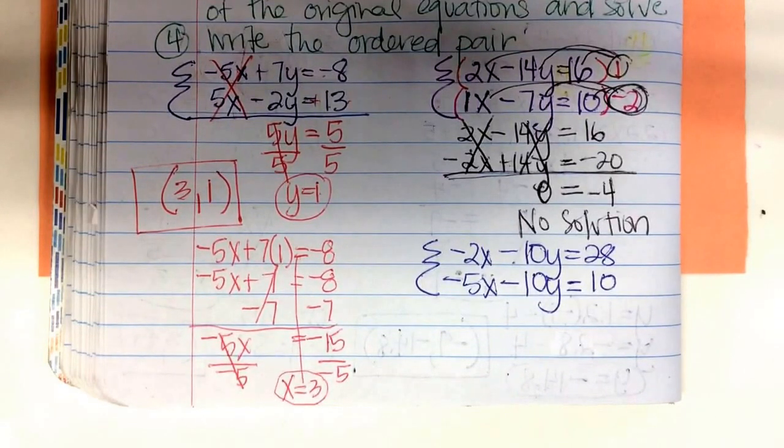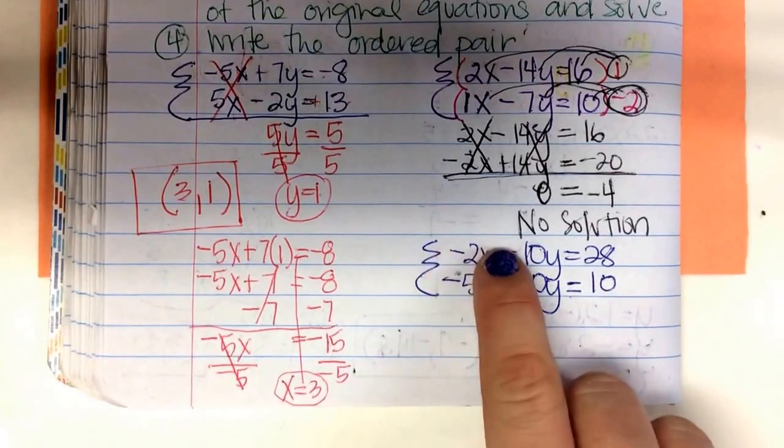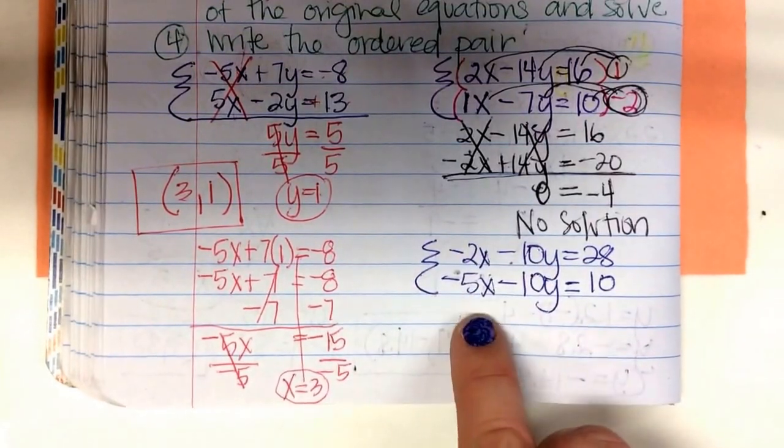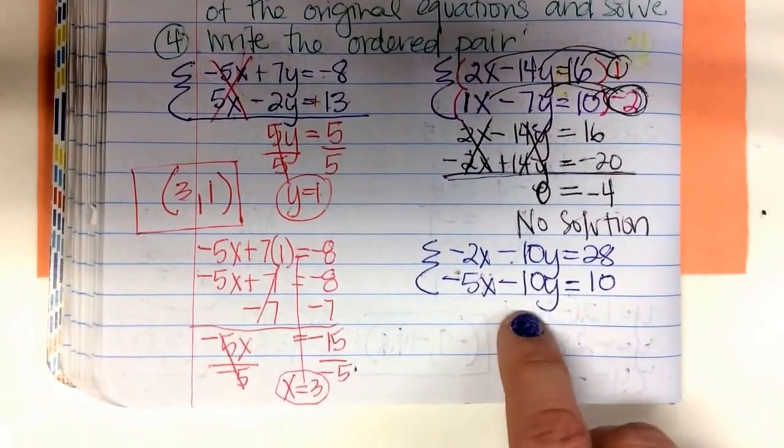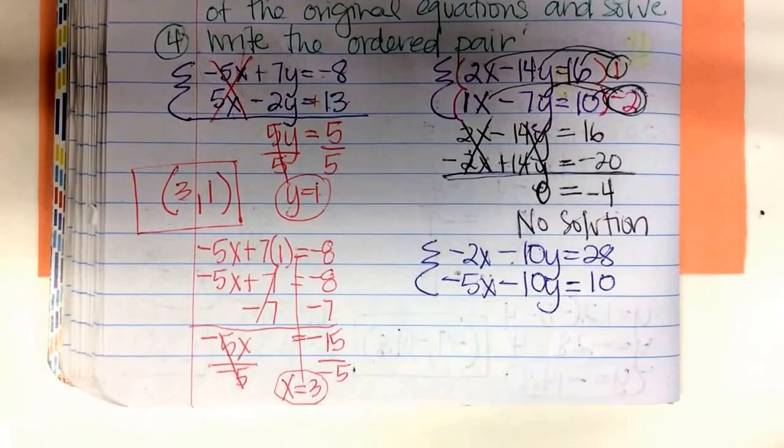Does anything cancel out? Let's see. Negative 2x minus 5x, that's negative 7x. Negative 10y minus 10y, that's negative 20y. No, nothing cancels out. So I have to do my rule again.